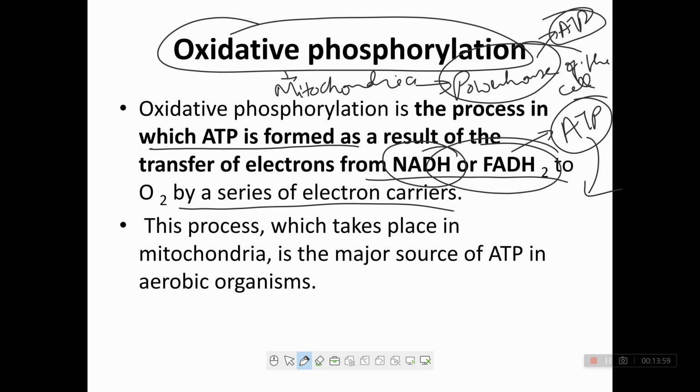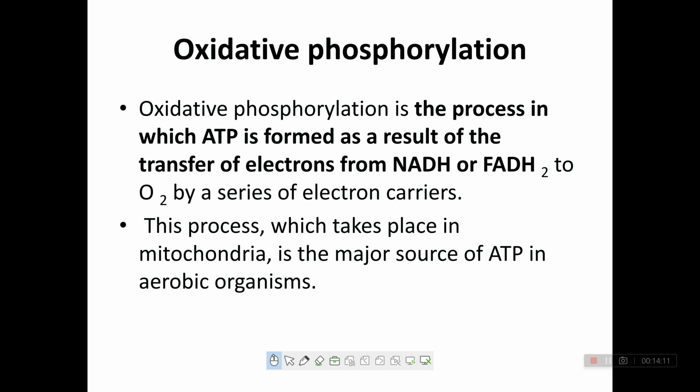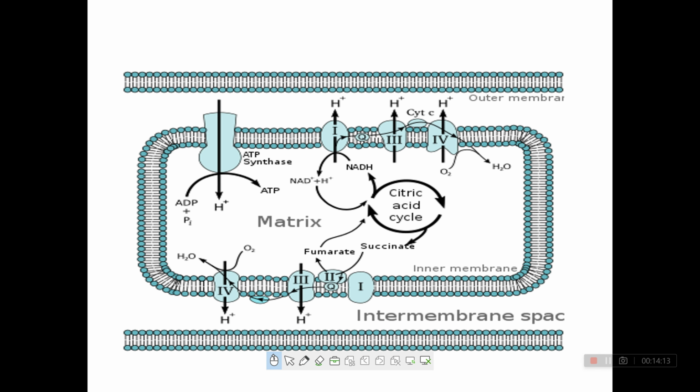This process, which takes place in the mitochondria, is the major source of ATP in aerobic organisms. Clear? Already I told you, mitochondria act as the powerhouse of the cell. So this is the cycle of how oxidative phosphorylation takes place and NADH and FADH are converted into ATP.